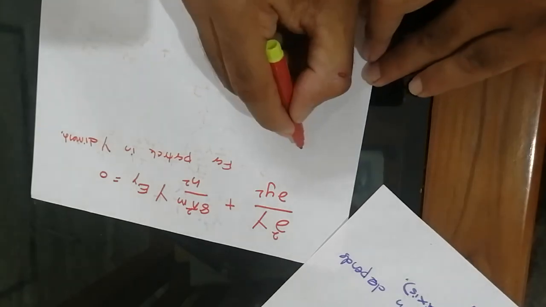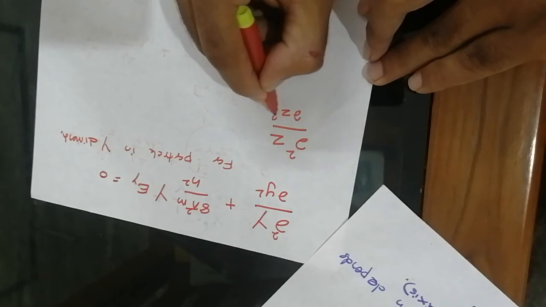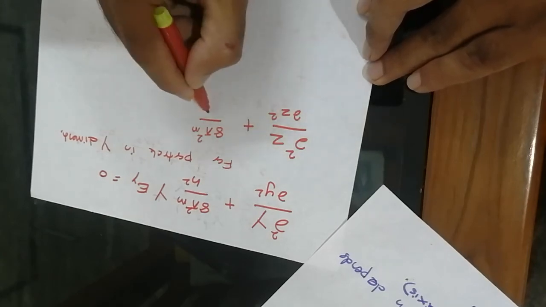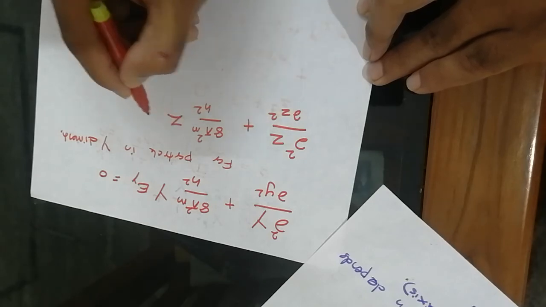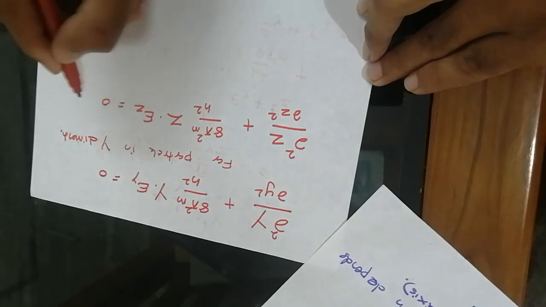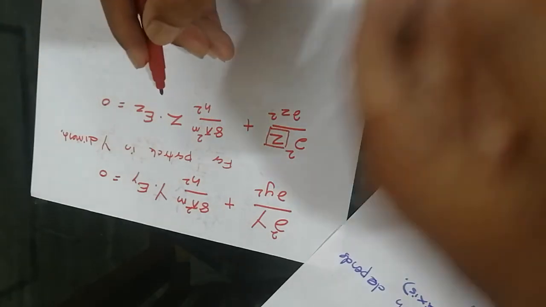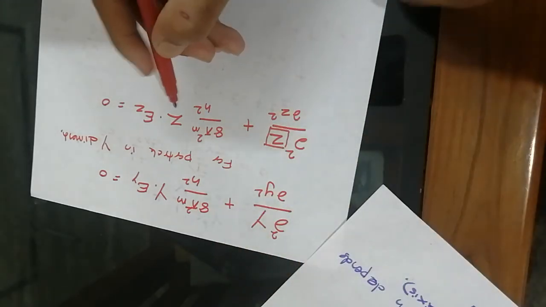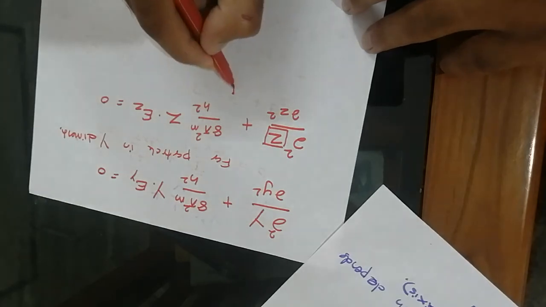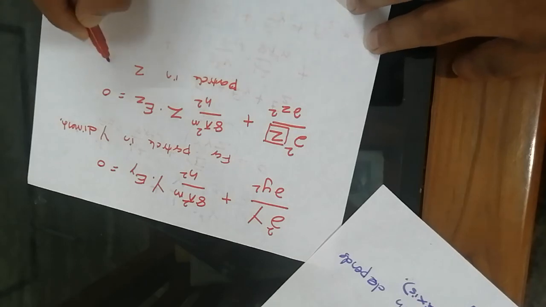Similarly, Schrödinger equation for particle in z dimension: dou square z by dou z square plus 8 pi square m by h square z ez is equal to 0. Don't forget this capital Z means here wave function of particle along z direction, and this is the equation for particle in z dimension.